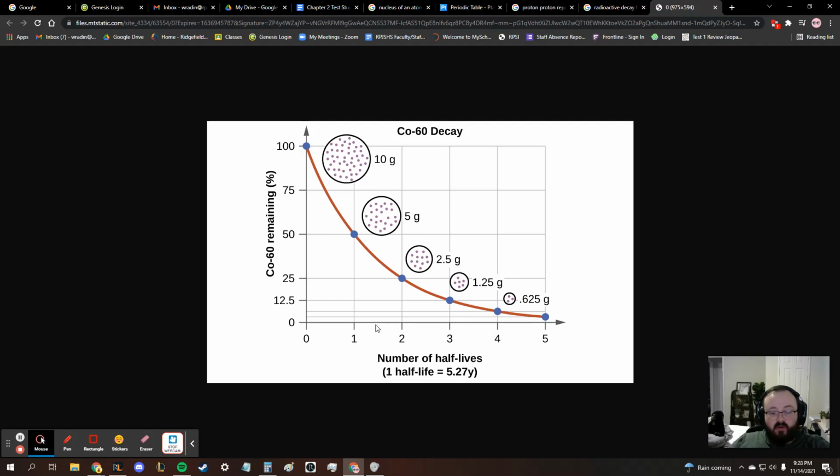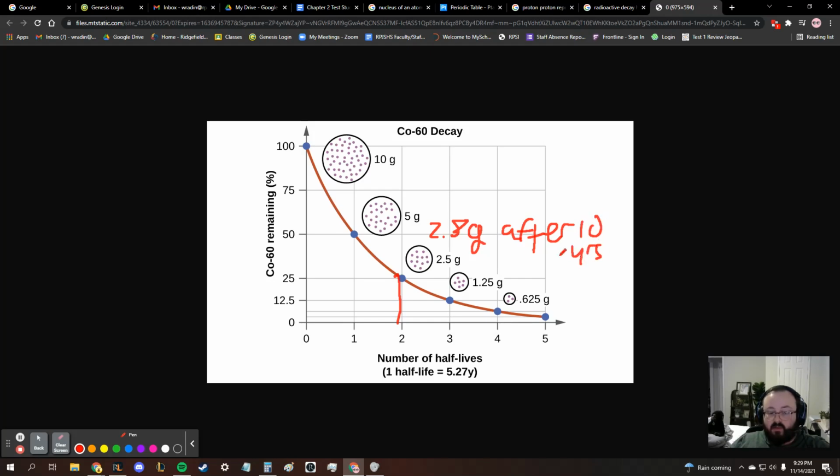Right here, if we were at, let's say, 1.5 half-lives, and I said 10 years, I wouldn't have you do this, but if it was 10 years, which is a little bit less than 2 half-lives, so about where I'm pointing my mouse right now, you would estimate that you would have about this much, so let's just say 2.8 grams after 10 years.